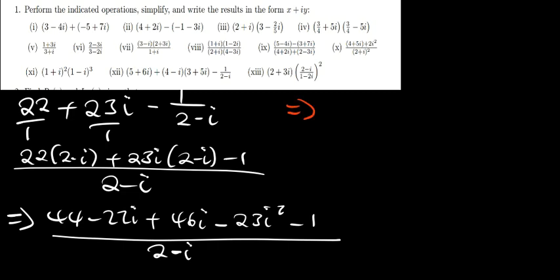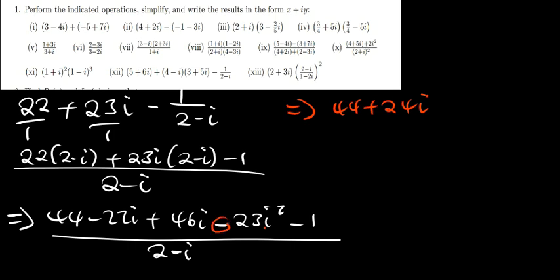So I can clearly see that this will be negative 22 plus 46, that is 24. So I'll have 44 plus 24i.